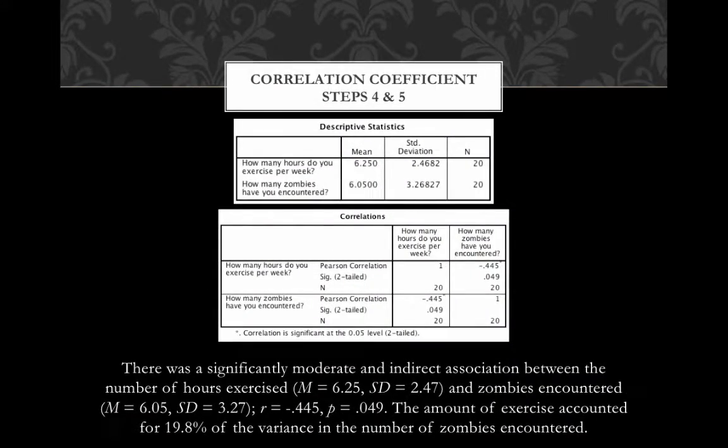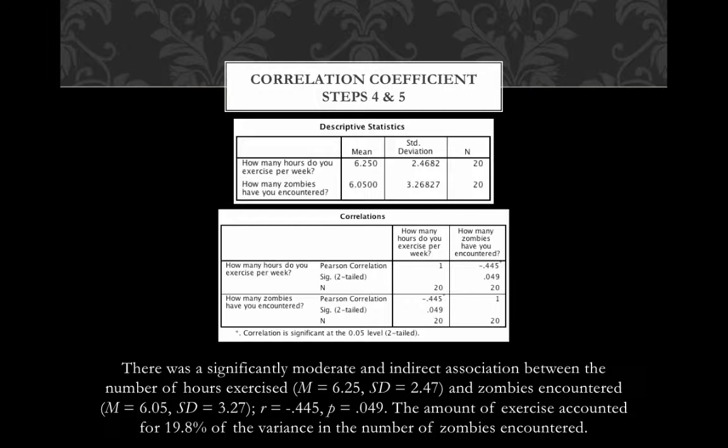So there was a significant moderate and indirect association between the number of hours exercised and zombies encountered. The amount of exercise accounted for 19.8% of the variance in the number of zombies encountered. So we see that we're listing the direction, indirect, as well as the strength, moderate.